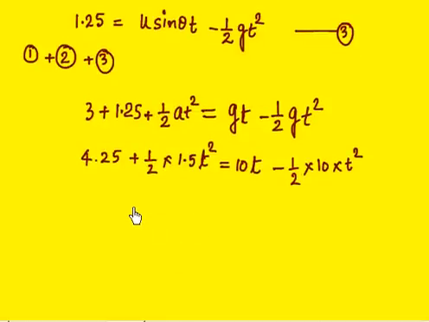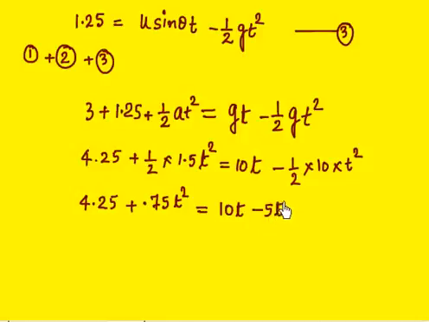Are you getting or not? So if I calculate this one, this value is 4.25 and this is 0.75 t square, so this is 0.75 t square is equal to 10t minus 5t square.